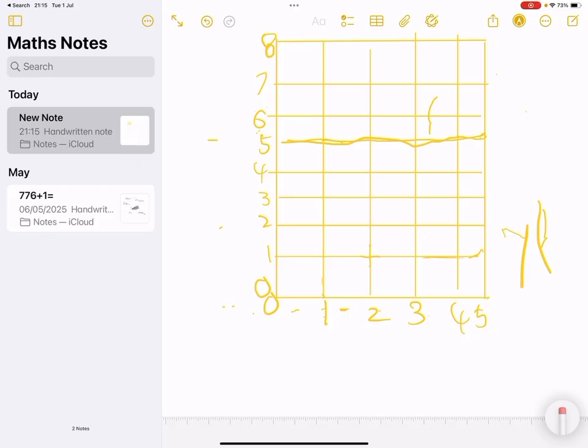So we need to do, for example, if we were gonna label 1, so this is the x and this is the y, then it's not here because that's 0.